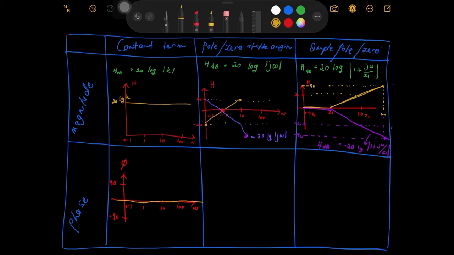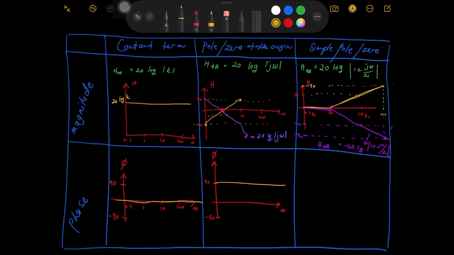It is actually 0. The degree is 0, meaning you don't have to plot anything. But if you want to plot it, no problem, just label it. Alright, so for pole 0 at the origin, the value is 90. Yes, only 90. As easy as that. So when the phase is 90, what you have to do is draw a straight line at 90.